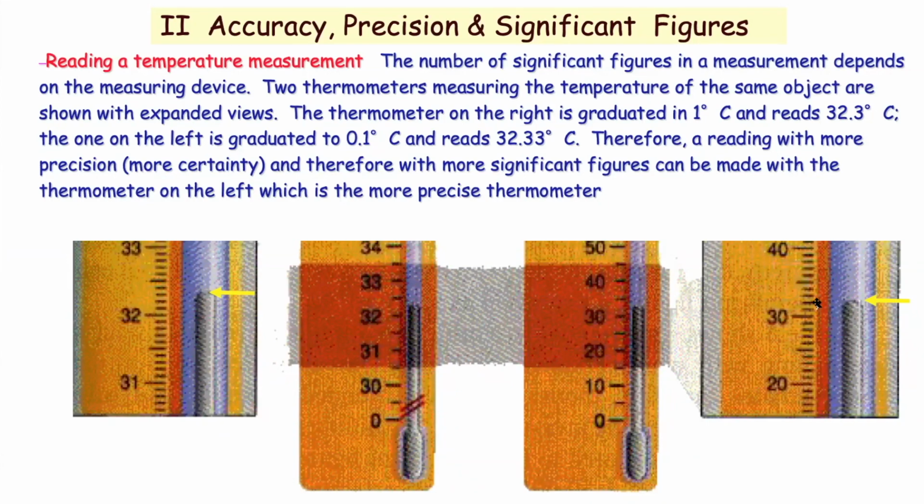You need to say that you're going to read it to the tenths place, because the delta, the spacing between these, is one degree. So one more place past that is the tenths. That's why this reading would be 32.1, 32.2, or 32.0. You need to put that 0.0 to tell the audience that the spacing between these lines is 1 degree. So hopefully that makes sense.